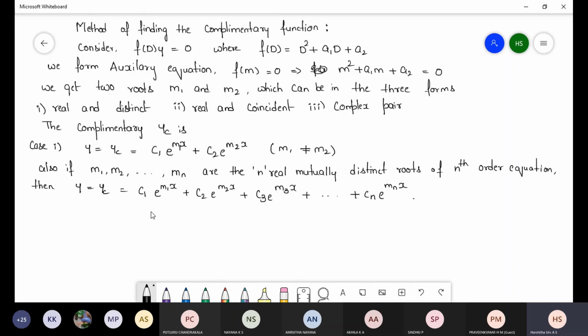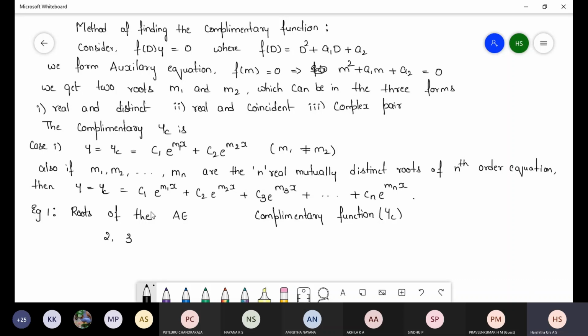Let us see this with examples. First example, roots of the auxiliary equation: 2, 3. In this column I will write the complementary function yc.